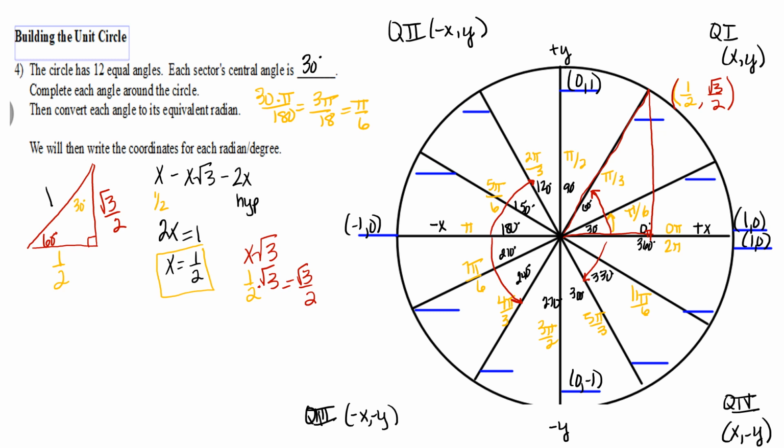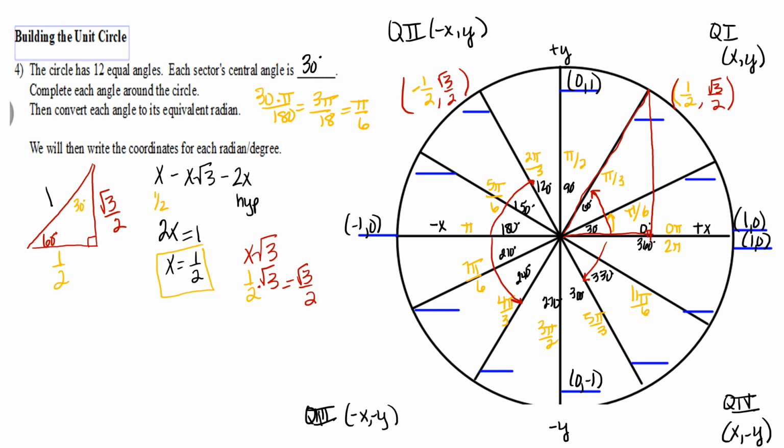We're just going to change the value of the ordered pairs based upon their quadrant. So in quadrant 2, we're still going to have 1/2 and square root 3 over 2 as our values, but because we are in quadrant 2, the x value has to be negative. So we'll have negative 1/2, comma, square root 3 over 2 for the ordered pair of 120 degrees.